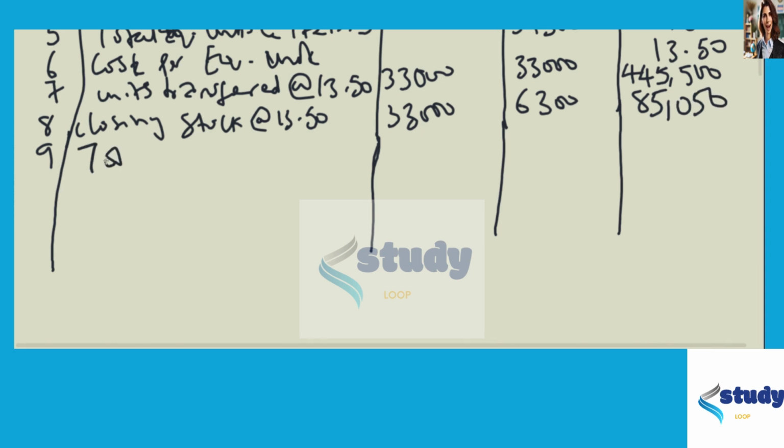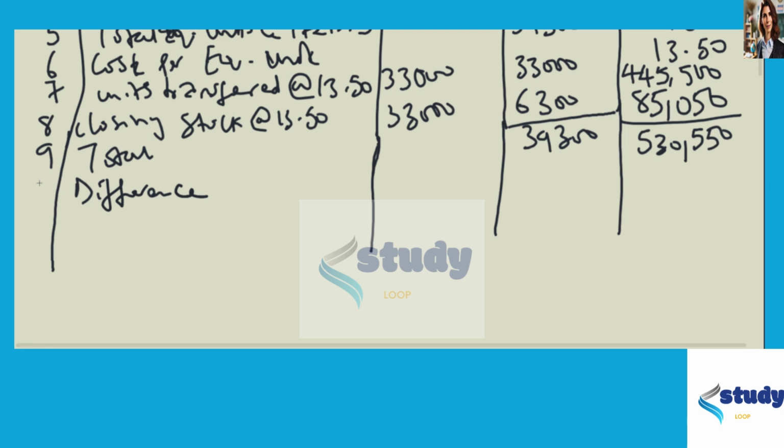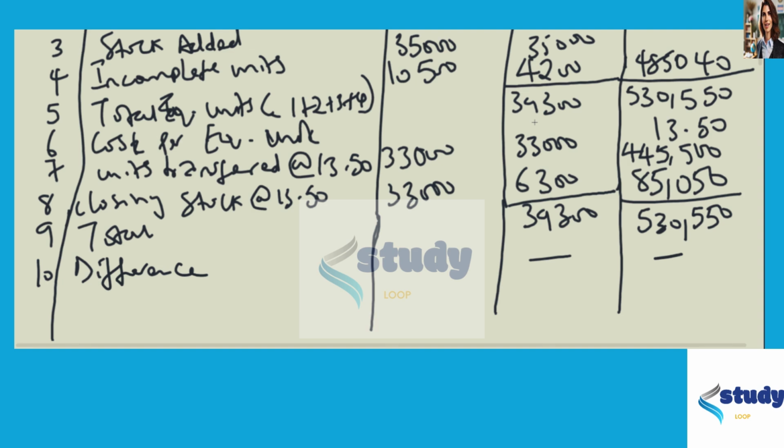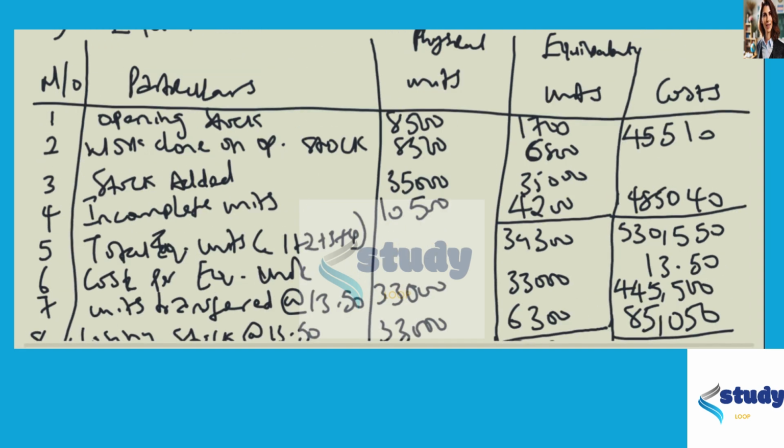So now the total would be 39,300, and for this it would be 530,550. So the difference in the total would be nothing. So that's the table for the equivalent unit of conversion cost.